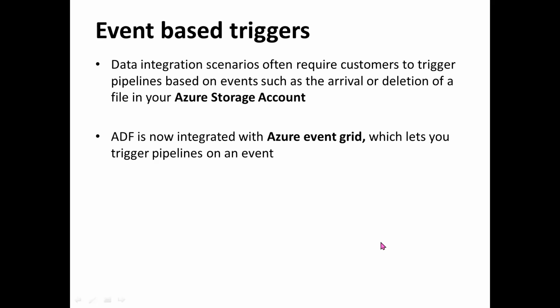If a new file comes, I want to trigger my pipeline, or if something is deleted, I want to trigger my pipeline. Based on the event, the action can trigger automatically. That is what is called event based triggers.